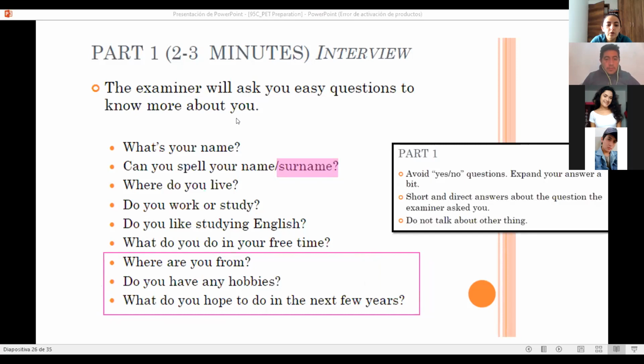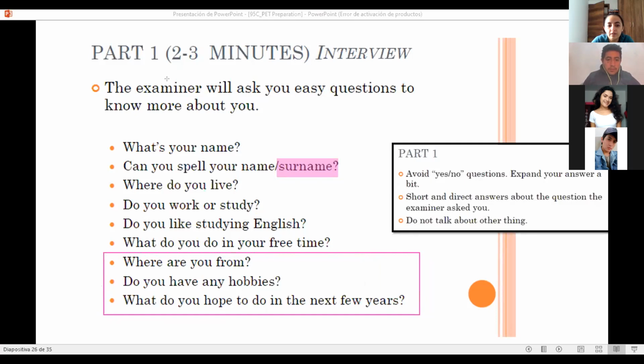Perfect. So, where are you from? Do you have any hobbies? What do you do in your free time? All of these are possible questions you can have.